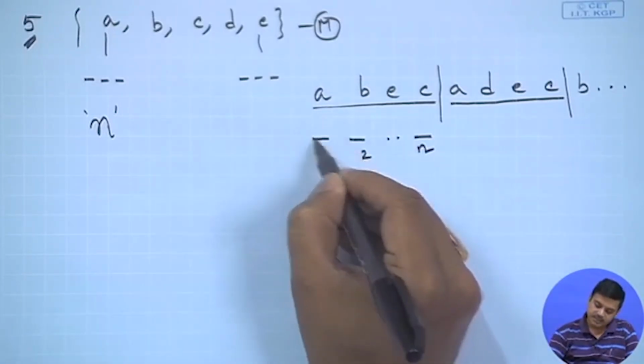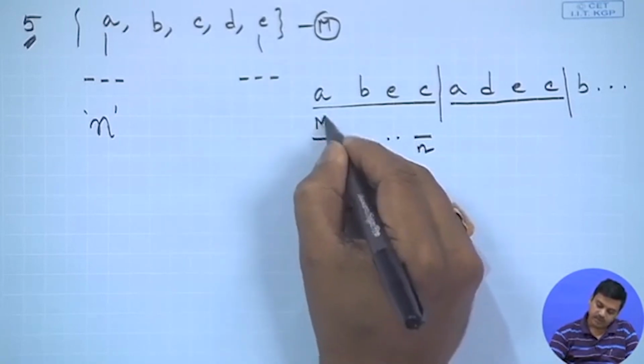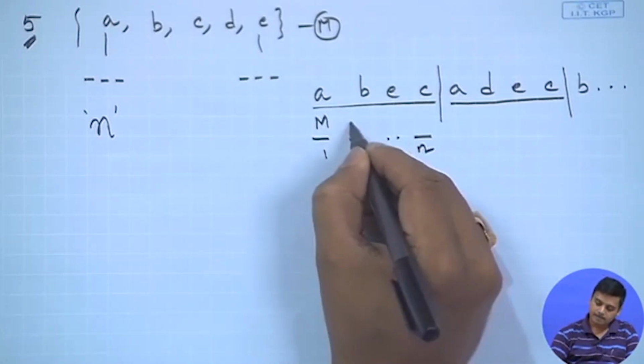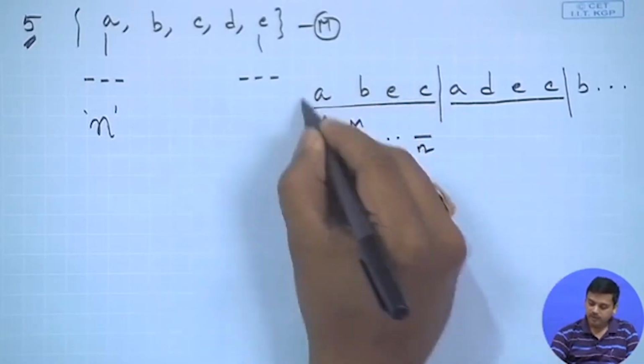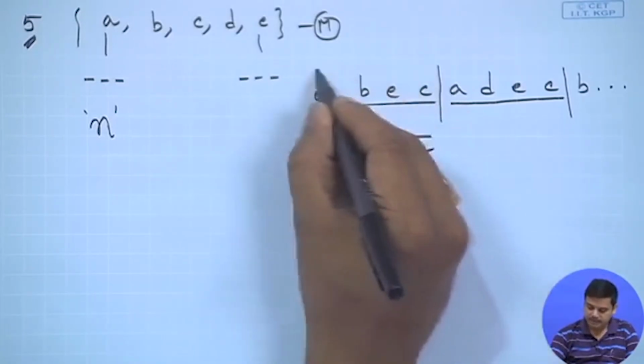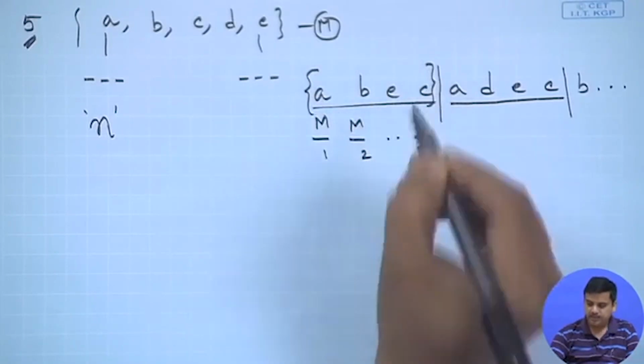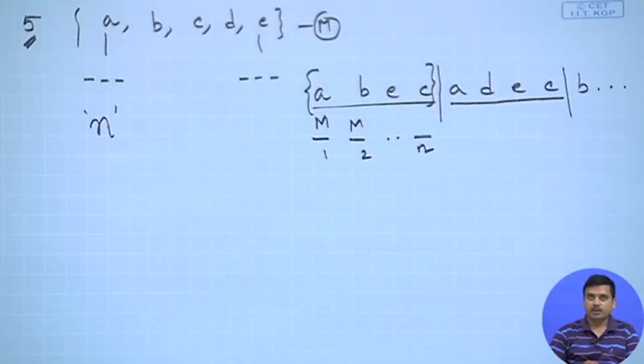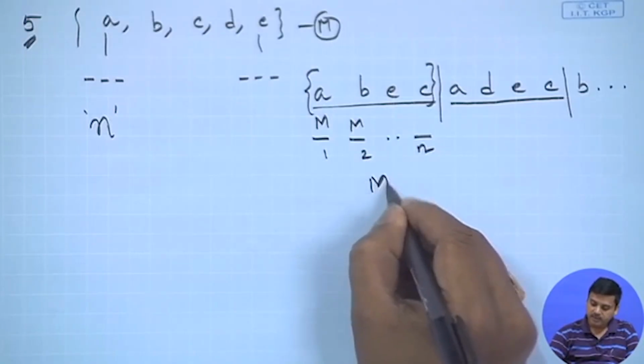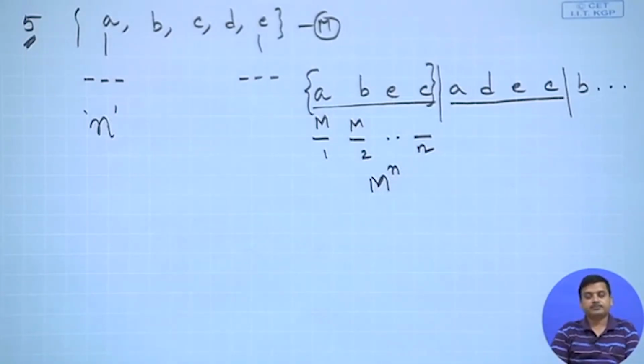That means each position can be taken in m different ways. Overall, if I group these symbols, I can say that this is a new symbol, and then we can ask how many possible new symbols we have, and the answer is m raised to the power of n.